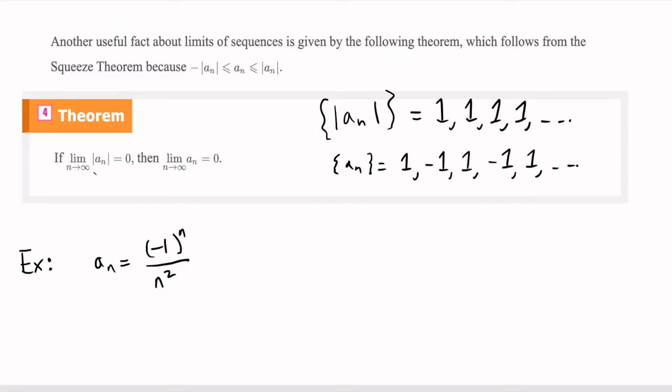Okay, so we're going to look at an example here that actually connects to this quick little example we did. This theorem can be useful when you have anything with an alternating term. Alternating means positive, negative, and so on and so forth. You could start negative, negative, positive, negative, positive. It just alternates positive, negative.